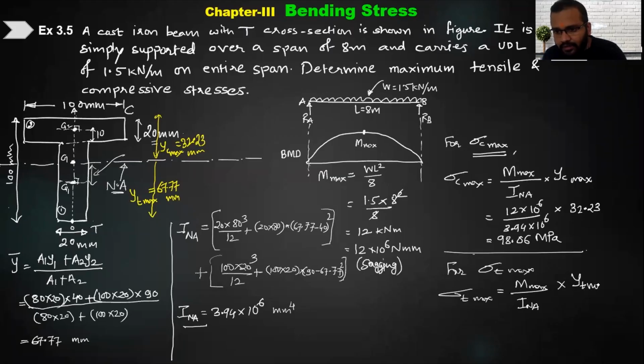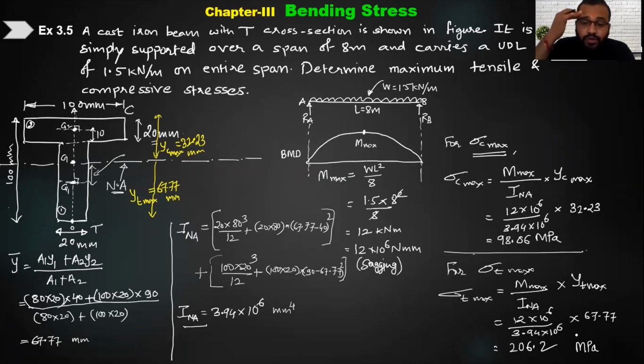Same way, 12 into 10 raised to 6 divided by 3.94 into 10 raised to 6, into 67.77. How much? 206.19, let's say 206.2 MPa.